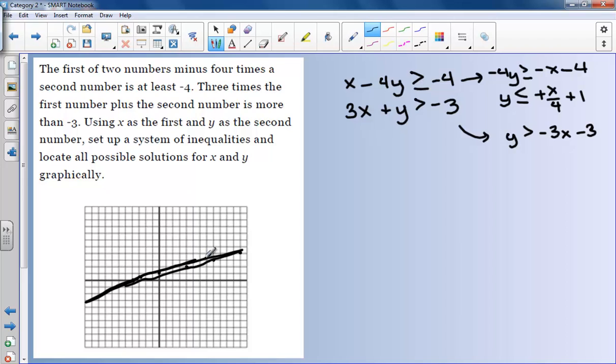Then this one has y-intercept negative 3, and I'm going to go down 3 over 1, so this line is decreasing. And this does not have an equal bar with it, so when I draw this line, it will be a dotted line.